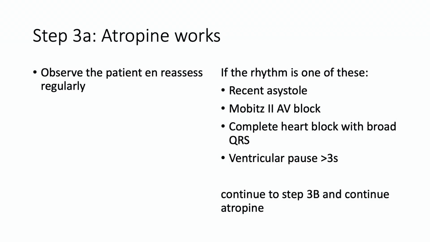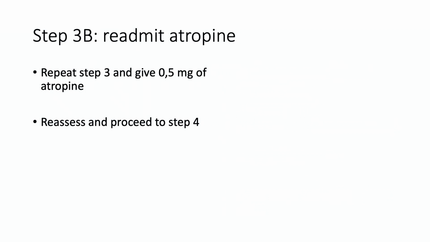In the case that the rhythm is one of these, a recent asystole or a Mobitz 2 AV block or a complete heart block with broad QRS or ventricular pause, then you continue to step 3B and you continue with the administration of atropine 0.5 milligrams. Step 3B, readmit atropine.